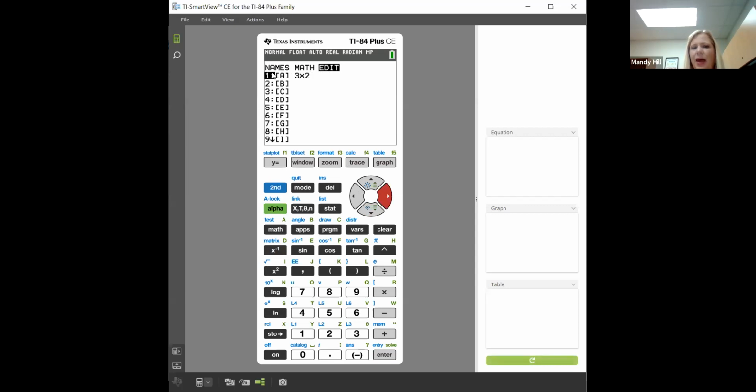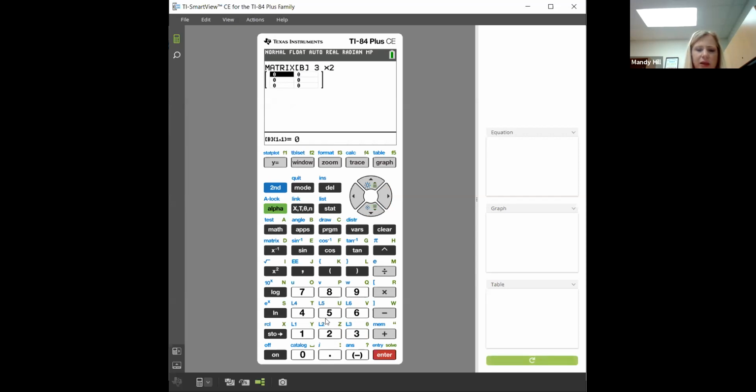It went back up to A. And this is where a lot of our students miss these because they type over what they just typed in. So we want to leave A alone and we want to go and make a second matrix. That's matrix B. So we're going to need to go over to edit first, then down to B, and then hit enter. I'm going to do a same size matrix so that I'm able to add them and subtract them.